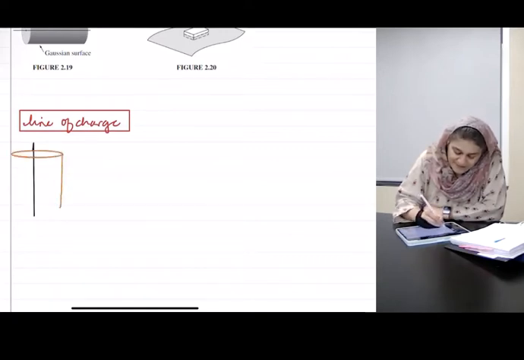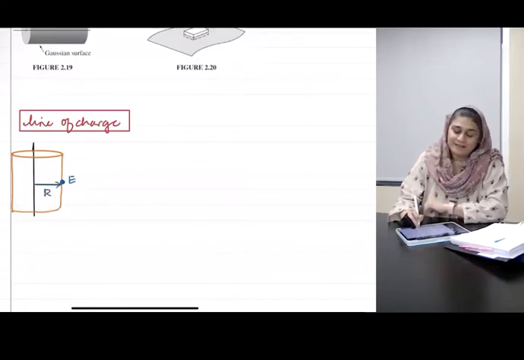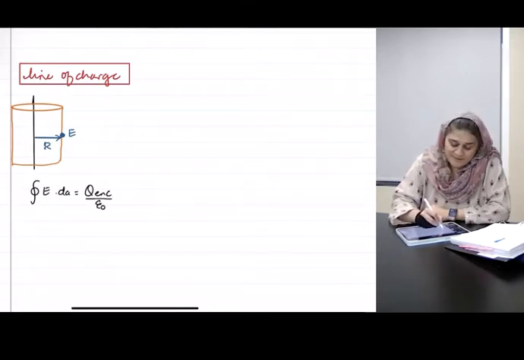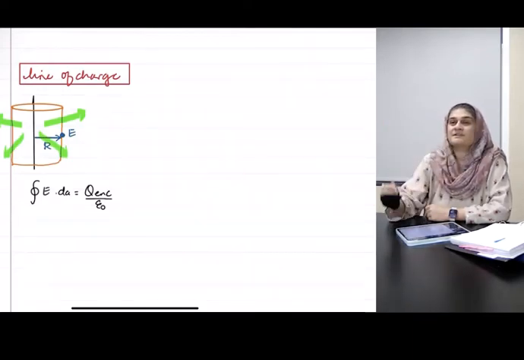And I'm being asked to find the E at this point, and suppose this distance is R. You remember when we did this, we said that the only surface that matters is the curved surface.